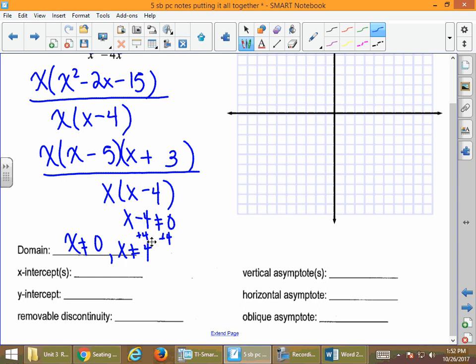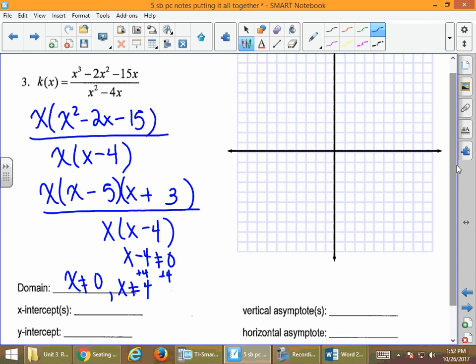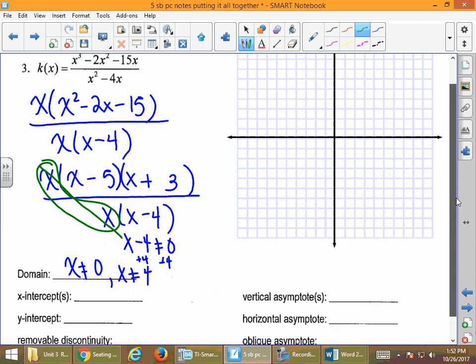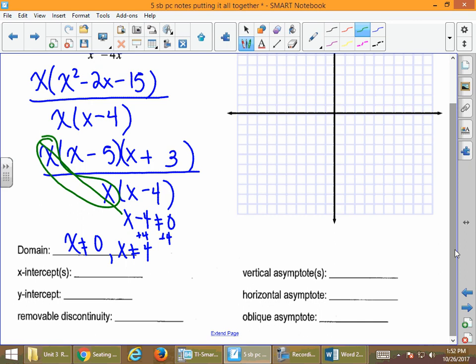But when we go back and look here, do we have anything that cancels out? It just so happens that we have an x in the top and an x in the bottom. Those are going to cancel out, and that part that cancels out is going to determine our removable discontinuity.